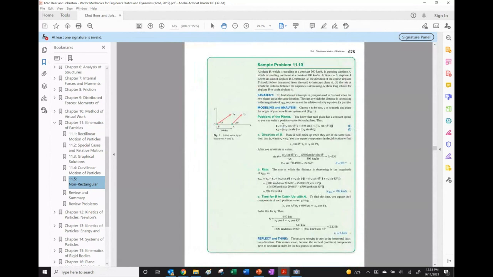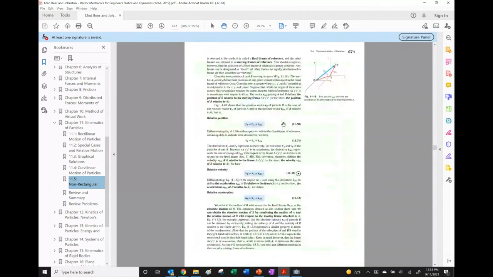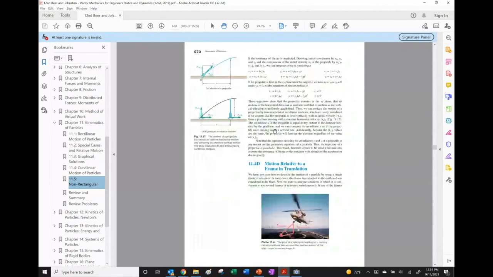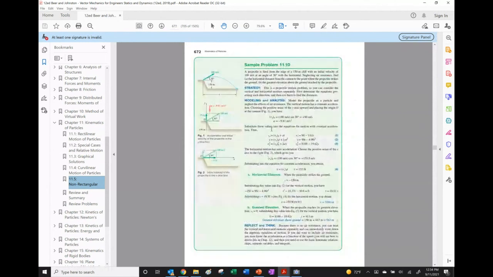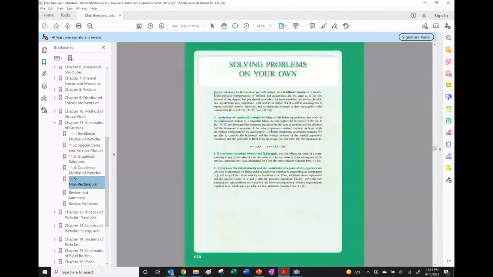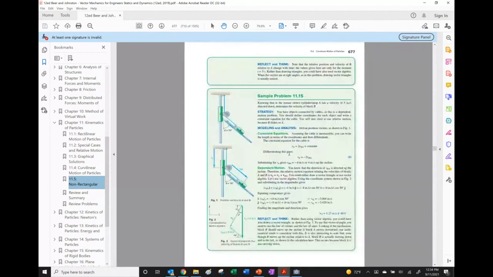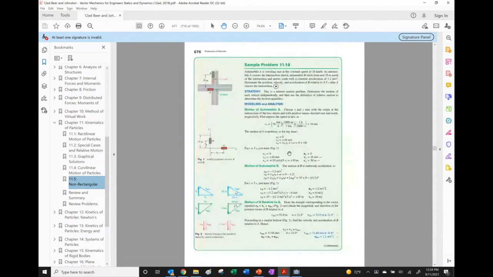That's the idea the authors had in mind. Between what they've written in the text and your experience from the sample problems, you should be able to do any of the problems they've put in here. That isn't always true, but that's the idea.